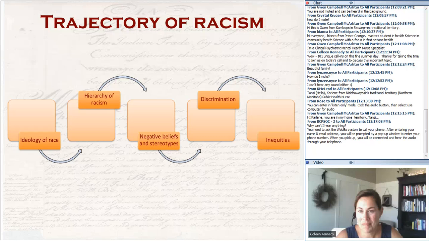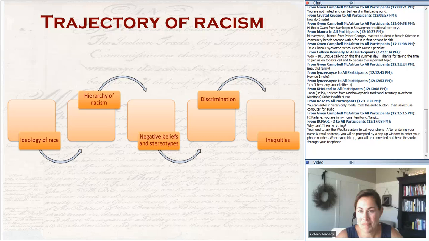You can see someone who you think is great, and then you treat them better. You're discriminating. To discriminate is to treat things differently based on certain attributes, right? So these negative beliefs result in discrimination. Of course, the discrimination results in inequities, not inequalities, inequities, unfairness, right?